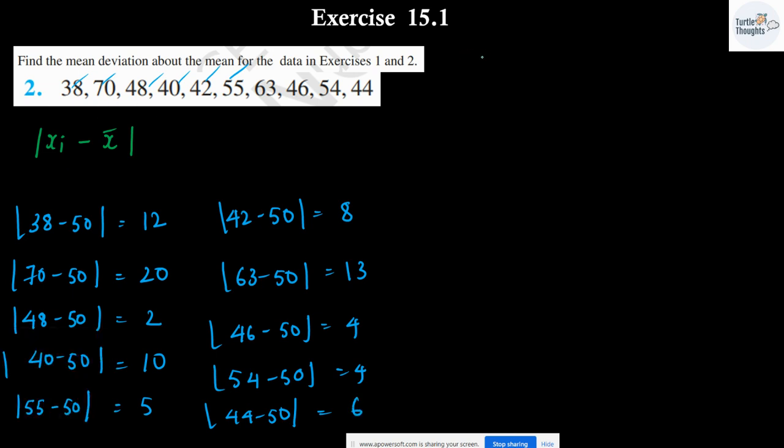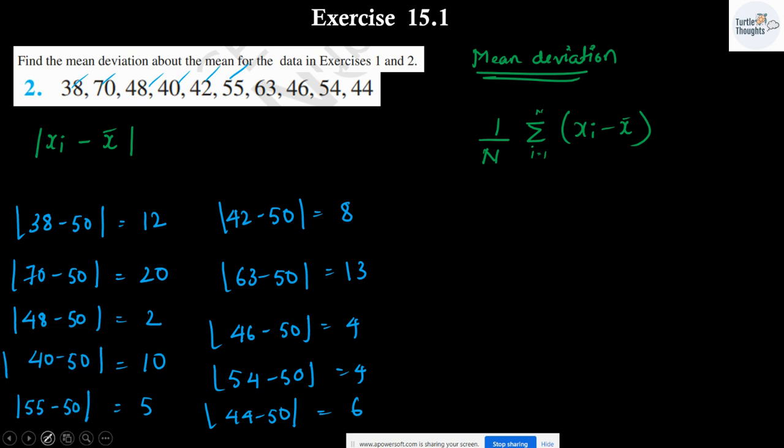Now you can write your mean deviation. Mean deviation is given by 1 over n, the summation from i equal to 1 to n of the modulus of xi minus x bar.